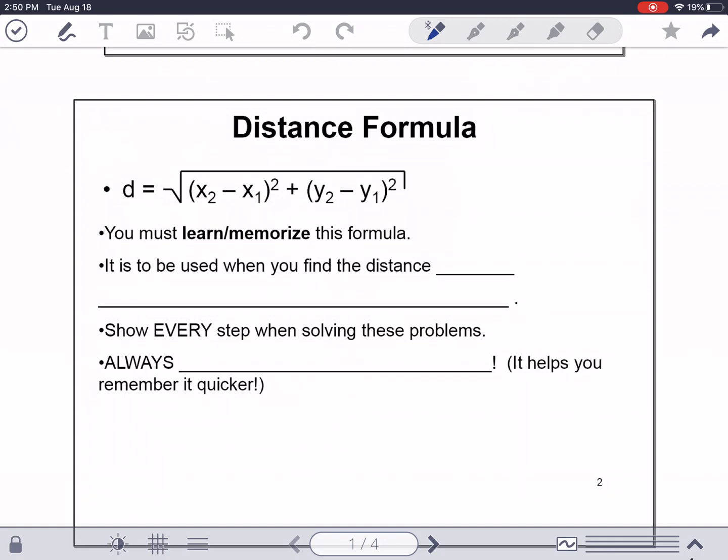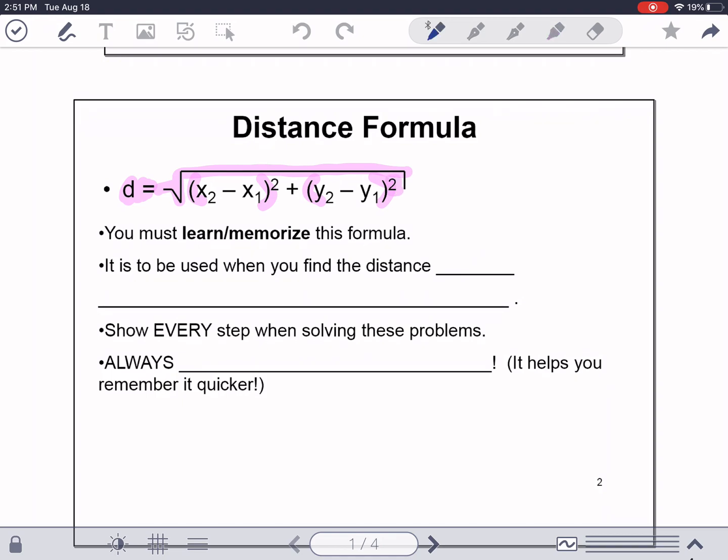So, the distance formula. You may or may not have heard or got to this distance formula in Algebra 1. Sometimes you get to it in 8th grade. But let's refresh our memories. Distance is the square root of x sub 2 subtract x sub 1, that quantity squared, plus y sub 2 subtract y sub 1 quantity squared.